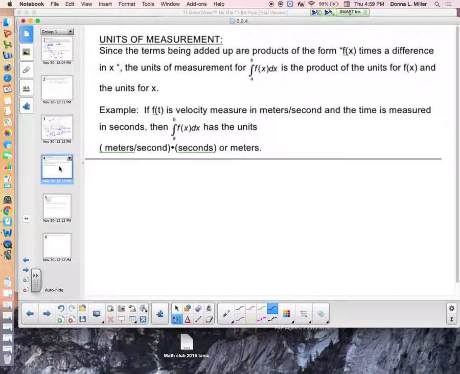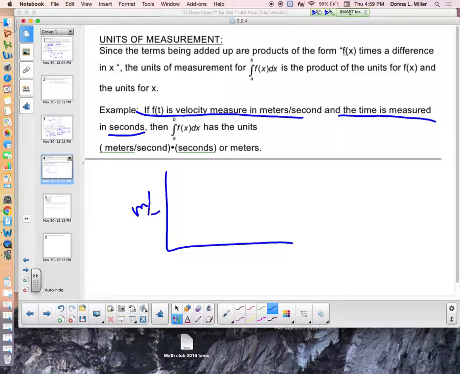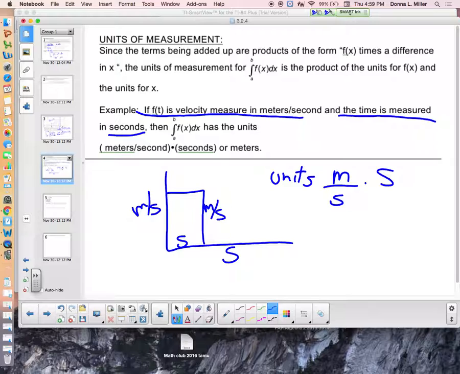So if f of t is the velocity measured in meters per second and time is measured in seconds, the width of the rectangle is seconds and the height is meters per second. So the units are meters per second times seconds. And the seconds cancel and you get meters.